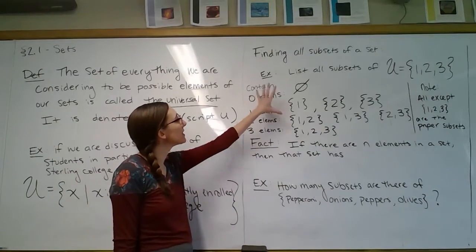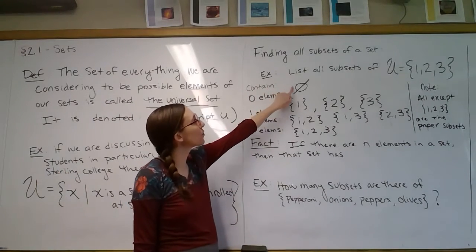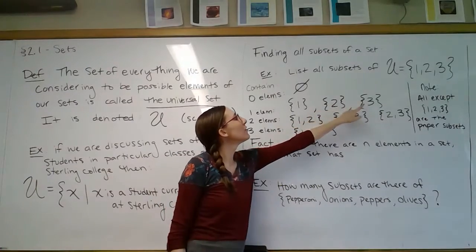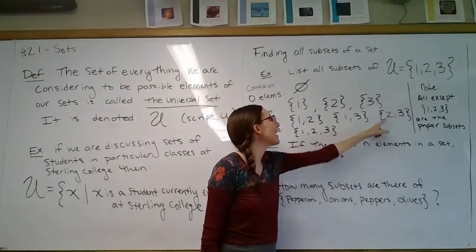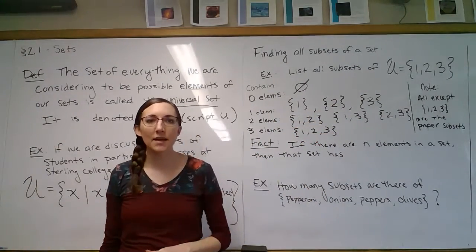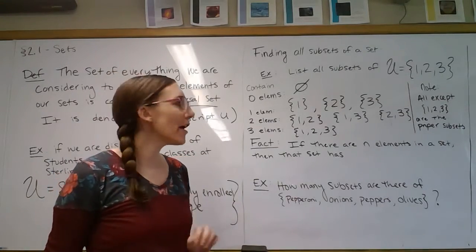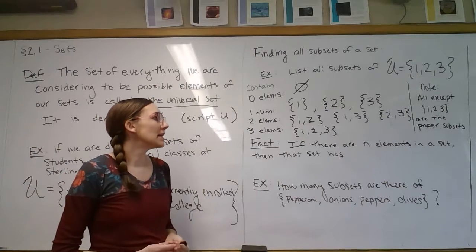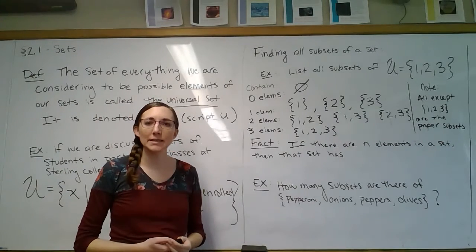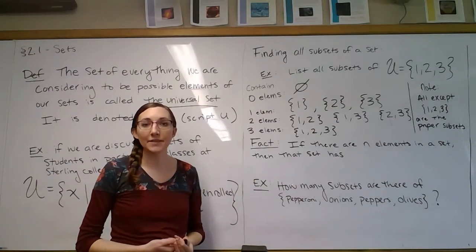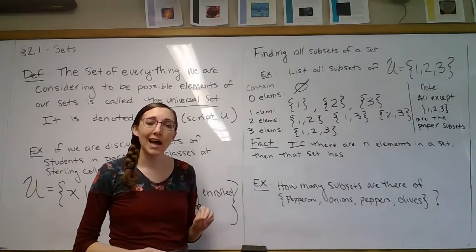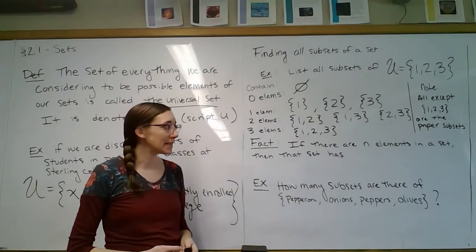So, if we look at this example, notice we found 1, 2, 3, 4, 5, 6, 7, 8 subsets of the set containing 1, 2, and 3. Our fact is going to tell us how many subsets a given set has, and it's dependent on how many elements it has.